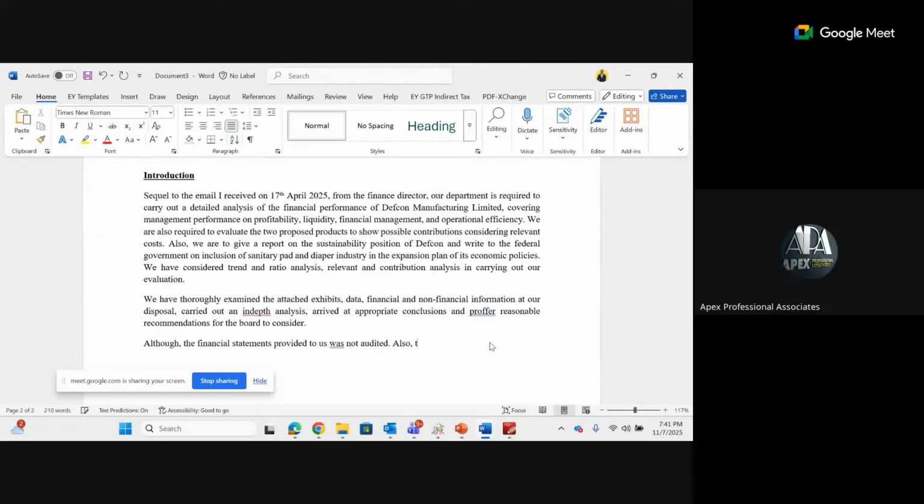Also, the financial data that they provided, we do not know the source. The source and the assumptions of the financial data that we are using for financial data analysis, the variation for contribution and relevant costing, data provided is unknown.